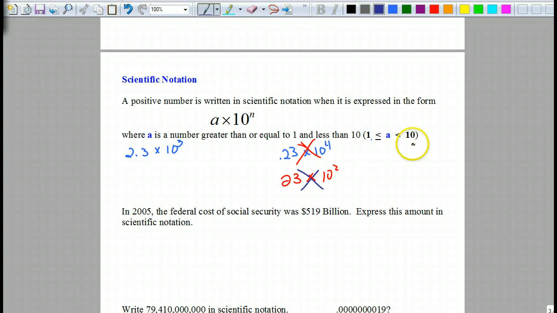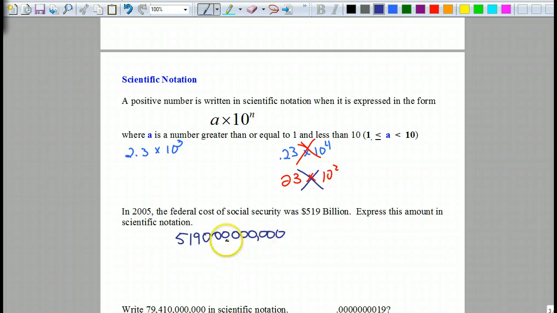Those two numbers are the exact same number as this, it's just that's not standard form because it needs to be between 1 and 10. So an example they give us here is in 2005, federal cost for Social Security was $519 billion. We need to express this in scientific notation. So first of all, let's write this out just as a billion. Okay?